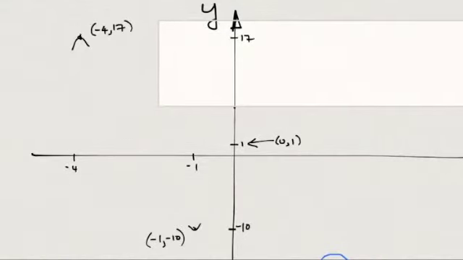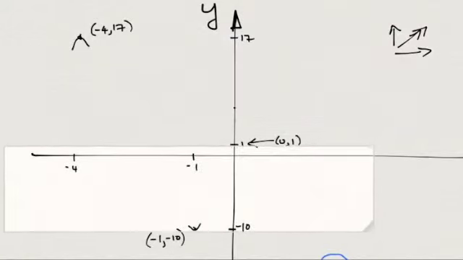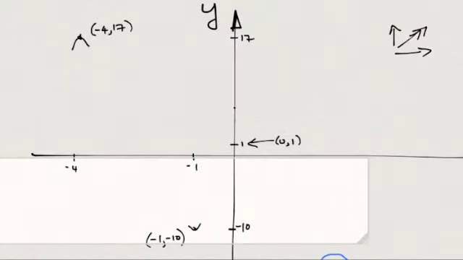We also know that when x approaches positive infinity, y approaches positive infinity as well, so the curve goes in that direction. We also know that when x approaches minus infinity, y approaches minus infinity, so the curve goes in this direction.